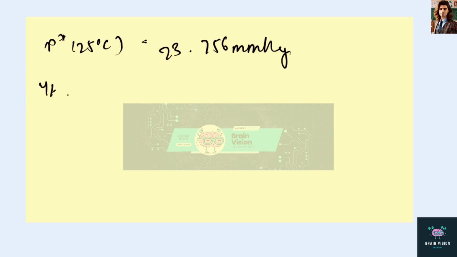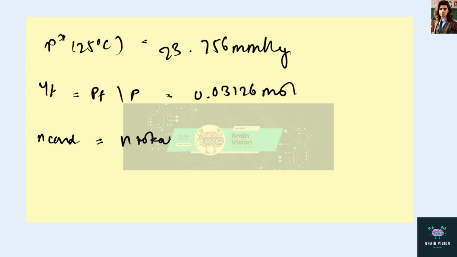Y final is equal to P final divided by P, which is 0.03126 moles. So the moles condensed is N total times (Yi take away Yf). That is equal to 10.6 moles.